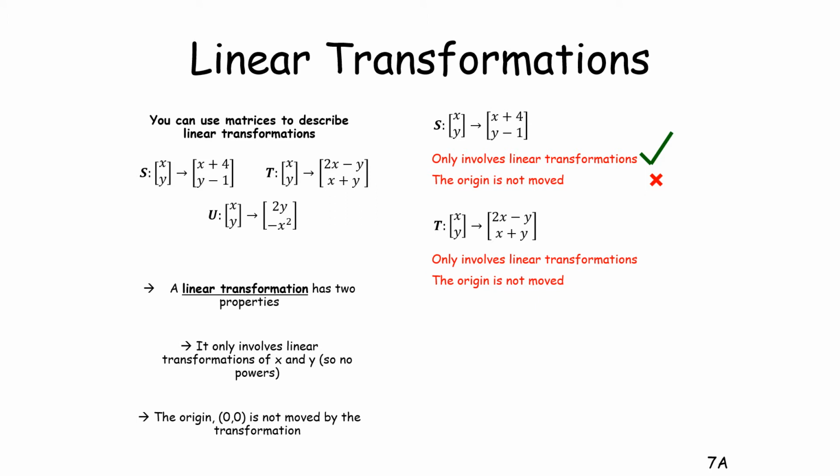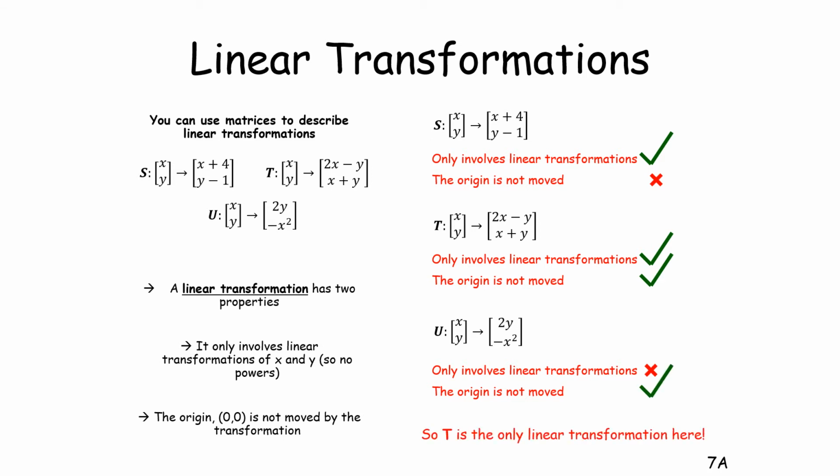Let's look at T. Only involves linear transformation, the origin is not moved. U only involves linear transformation, the origin is not moved. So you could see which one with a tick. Tick means it meets the criteria, and cross obviously means it doesn't meet the criteria. So in this case, T is the only linear transformation here.